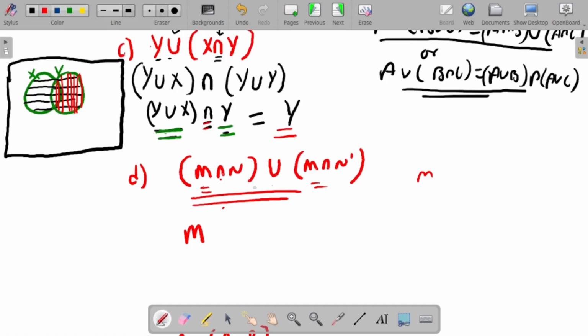If you're dealing with a distributive law, the symbol that is normally in between the two sets is the symbol that was inside the brackets. So the symbol that was there is union, of n and n complement, whilst m is intersection. That's the reason it was m intersection n union m intersection n complement.